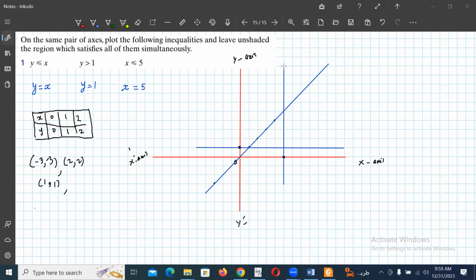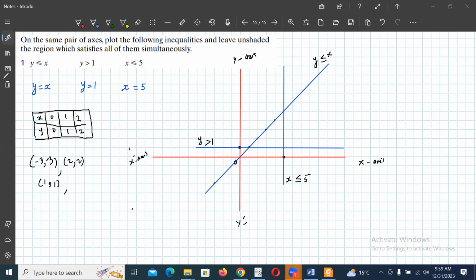So I have mentioned three lines, three inequalities. After this, we will show the shaded part. The first one is y less than or equal to x. This one, x less than or equal to 5. And the second one, y greater than or equal to 1.